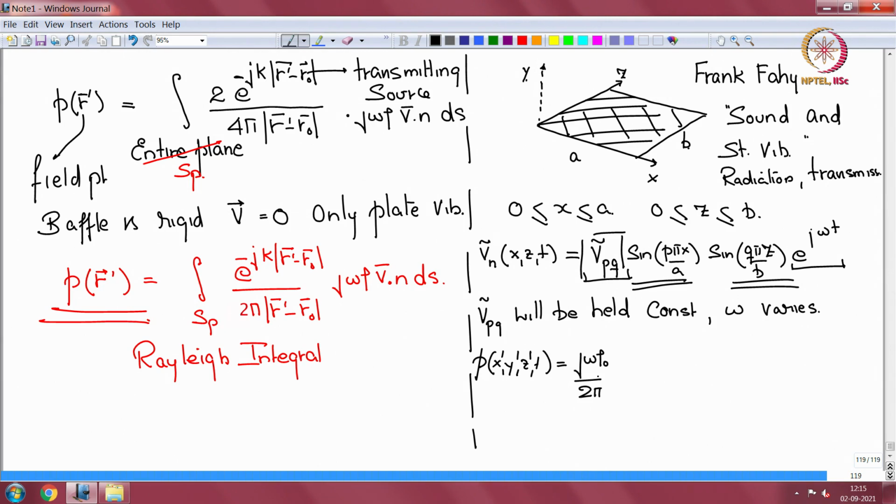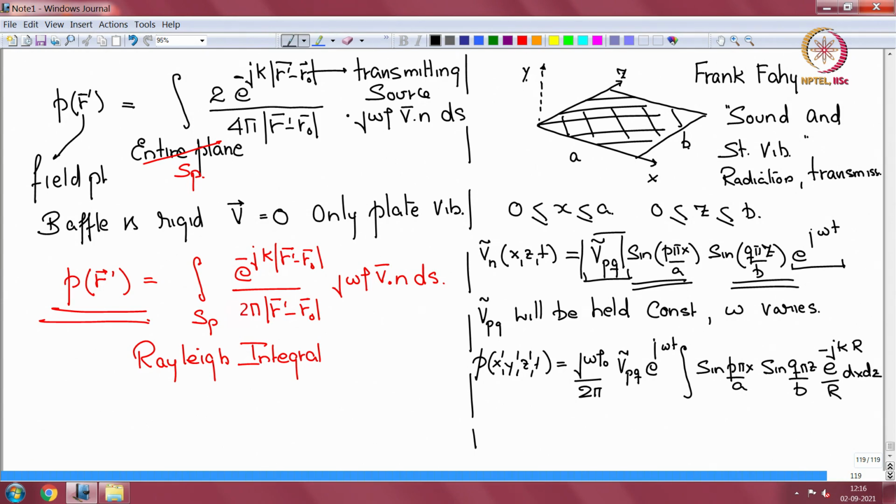I am using rho 0 for my fluid density. v tilde pq e to the power of j omega t, integral sine p pi x by a sine q pi z by b e to the power of minus j k r by r, dx dz.